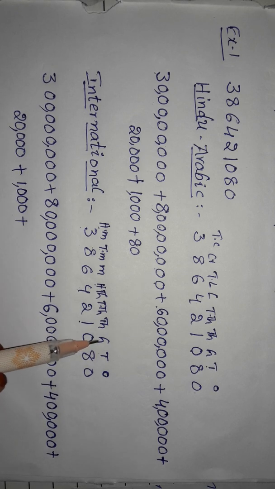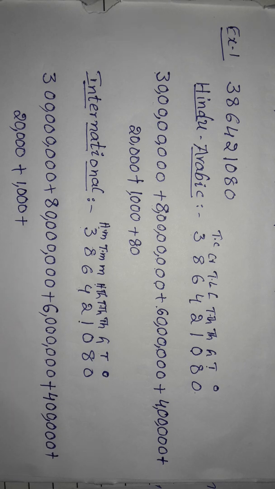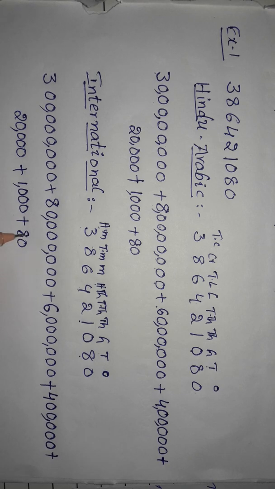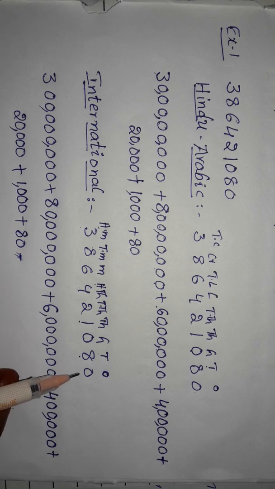In hundreds place. Shall we write? No need. Why? Because 0 into 100 is equal to 0. Just now I explained. Next, after that, 8. 8 is in tens place. 8 tens are 80. Plus, no need here. Why? Because here also 0 is there. So, no need to write any number here.